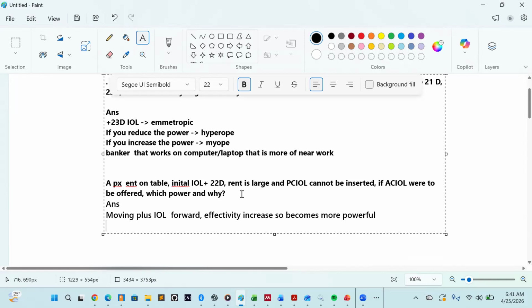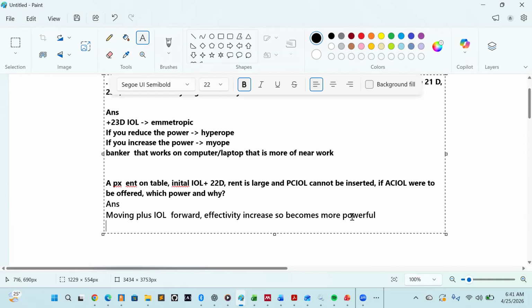So yeah, you're moving into the ACL, to the anterior chamber. And so the effectivity will now become more powerful. You cannot use that same 22. If you use the same 22, you're going to give the patient myopia, because there was that 22 in the back. When you put it in the anterior chamber, it will be like 24. That means the patient is now myope. Remember, once you increase the power, it is myope.